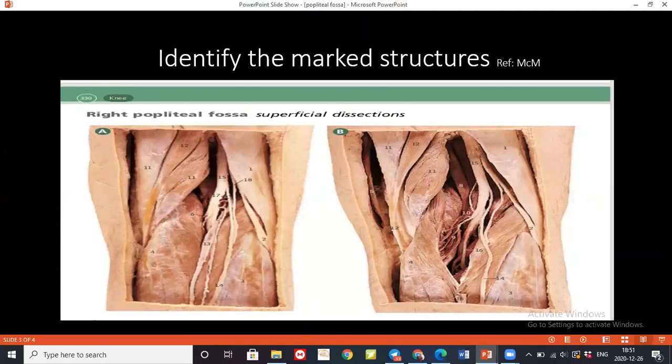In which compartment does the tibial nerve run in the lower leg? The tibial nerve supplies the posterior compartment. In which compartment does the deep peroneal nerve run? The deep peroneal nerve supplies the anterior compartment.